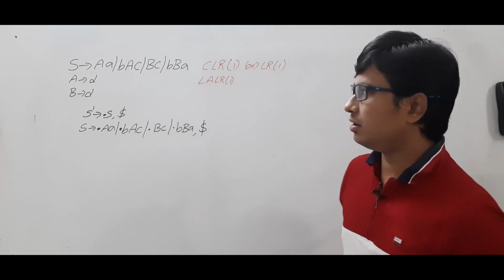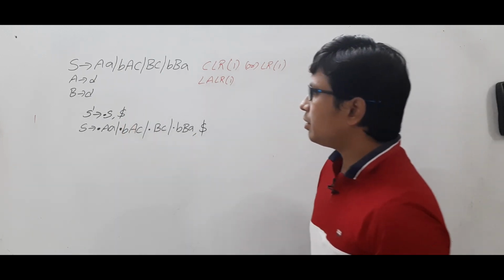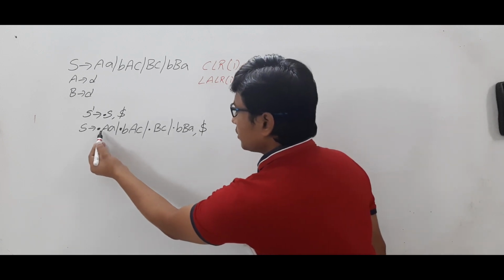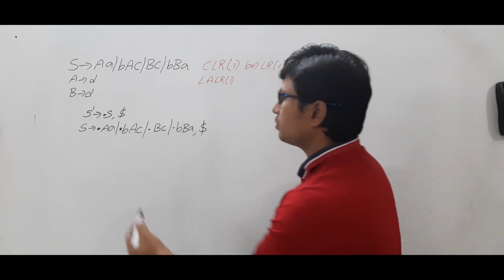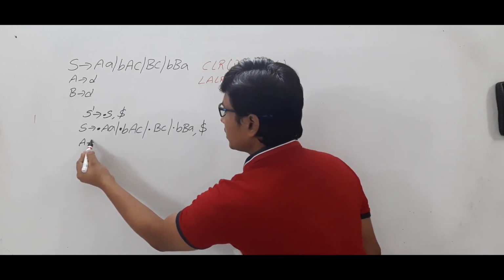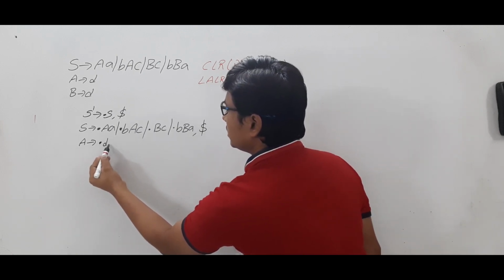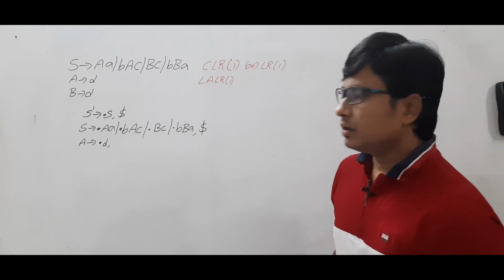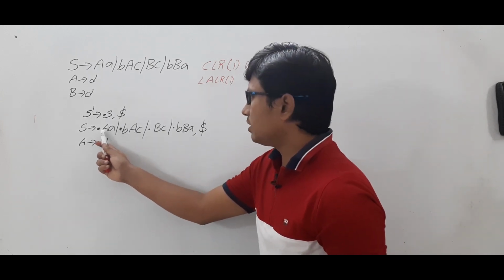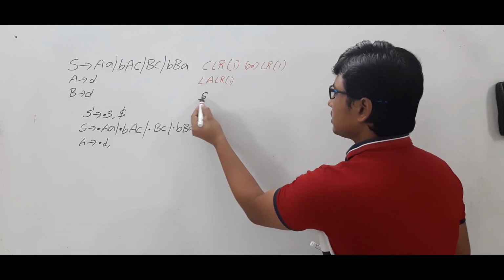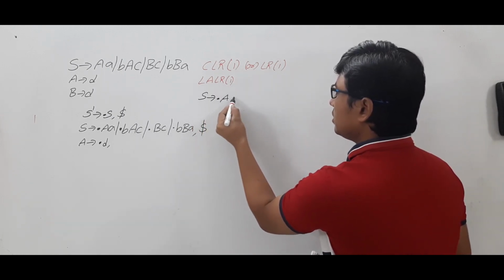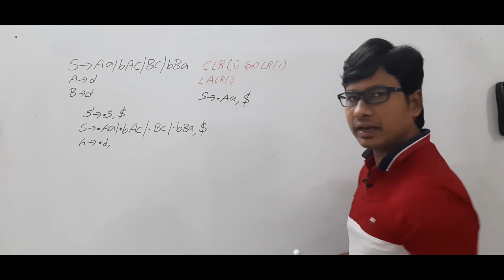Am I right or wrong? Is it clear? Now if you look at it, you have a dot, and after that there is a non-terminal A, so we need to write the production of that one, which is .D. Now look at what is there after A. After A, this production can be written as S → .A, dollar. Am I right or wrong?